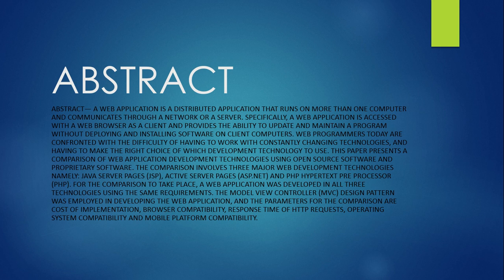This paper presents a comparison of web application development technologies using open source software and proprietary software. The comparison involves three major web development technologies, namely Java Server Pages or JSP, Active Server Pages or ASP.NET, and PHP Hypertext Preprocessor or PHP.